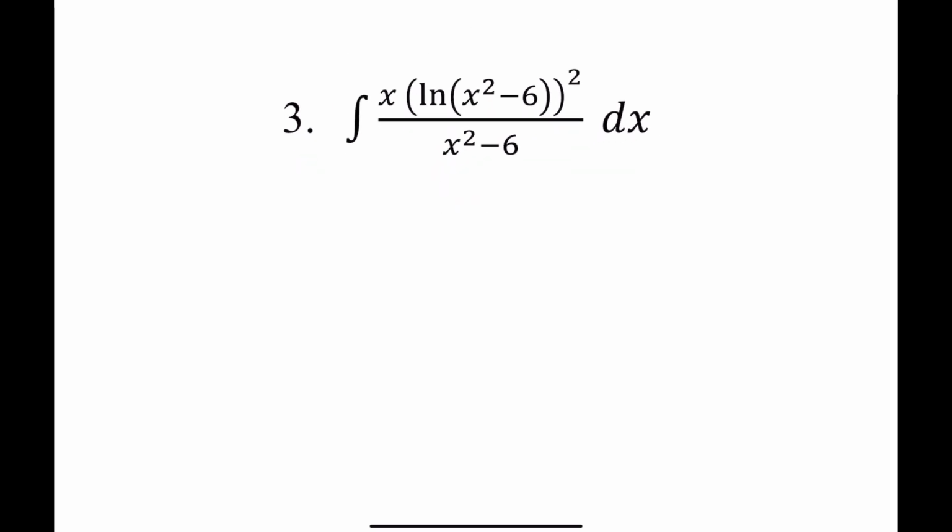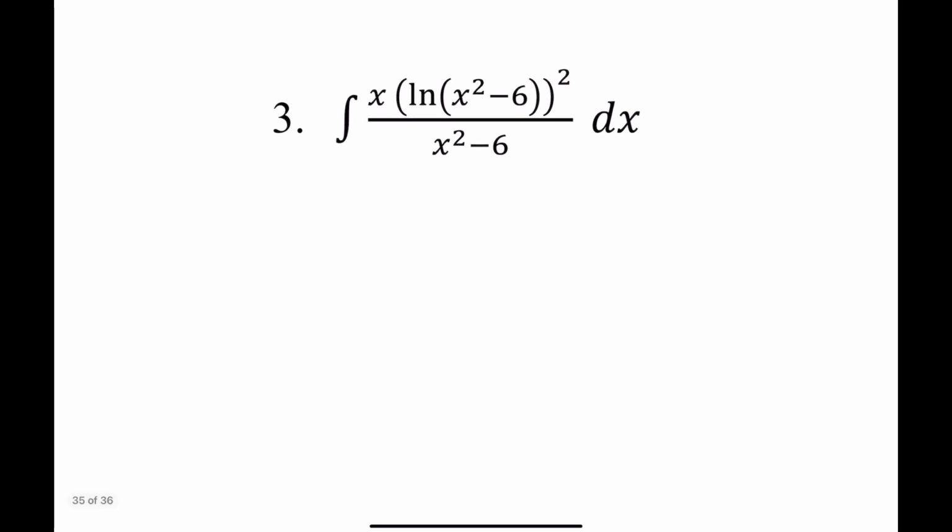Okay, number 3. Number 3 is a little bit more complicated, I would say, but this is manageable. First, we're just going to find which one is the composite function, and obviously that would be ln of (x squared minus 6), and then that times 2. That's basically ln of (x squared minus 6) inside the function y equals ln x.